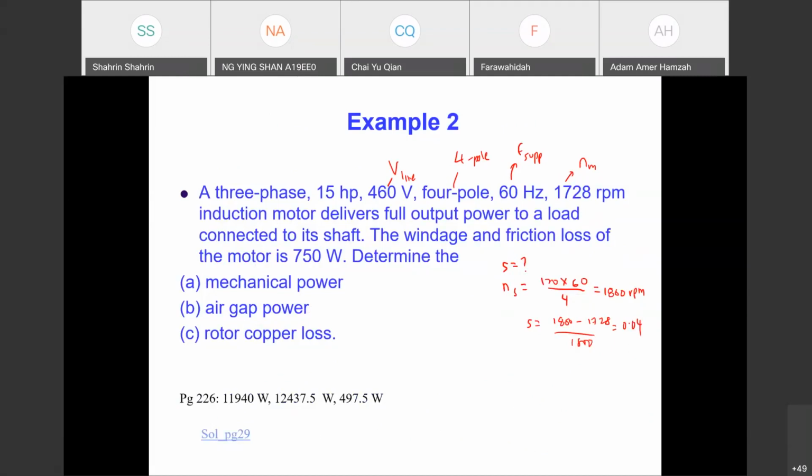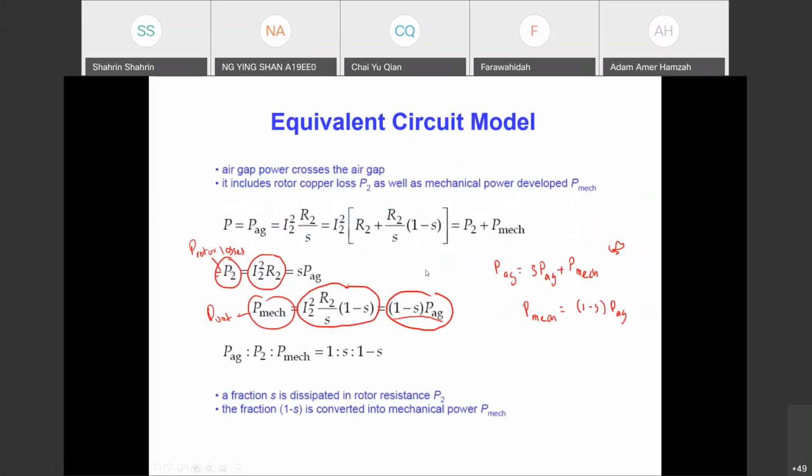Right now we have obtained your S. Find the power gap, correct. But for the power gap, you need to use I square R2 over S. But right now, S we obtained, but they didn't give R2.